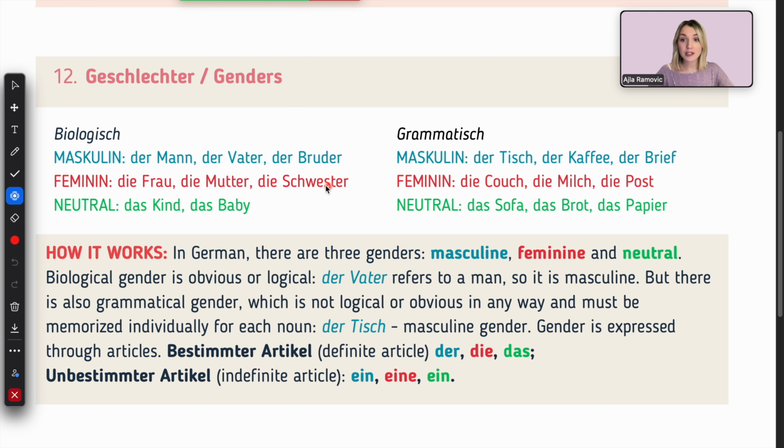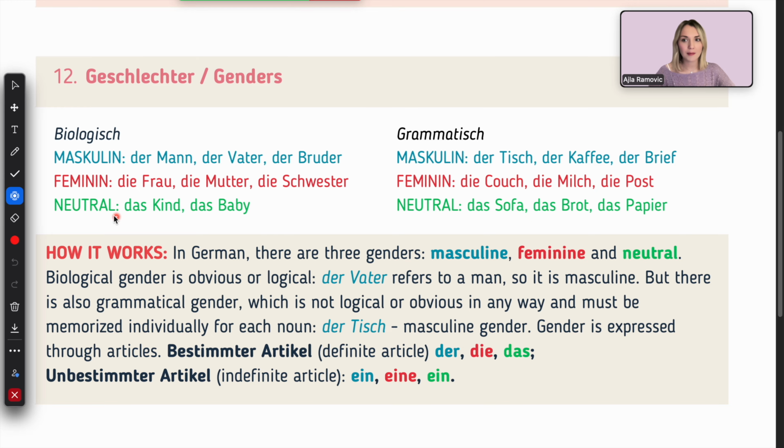Other examples would be der Mann, the man, und der Bruder, the brother. When looking at these words, for us, it is just logical that they are connected to a male person, so therefore the gender of the noun will also be male. And it works just like that for the other genders as well.